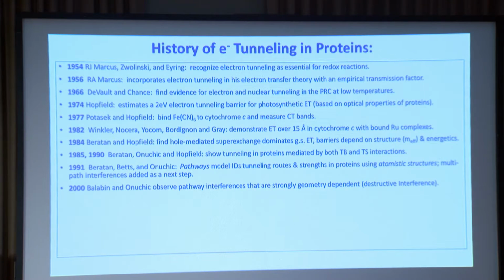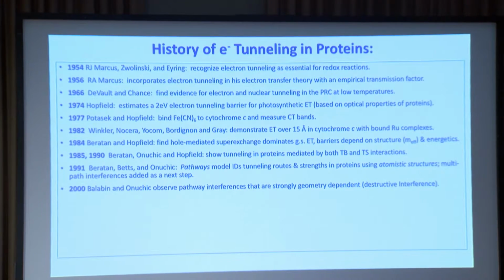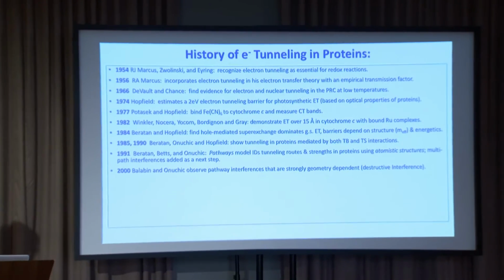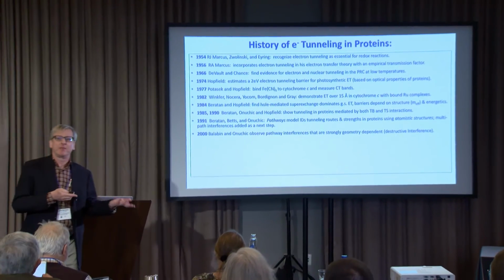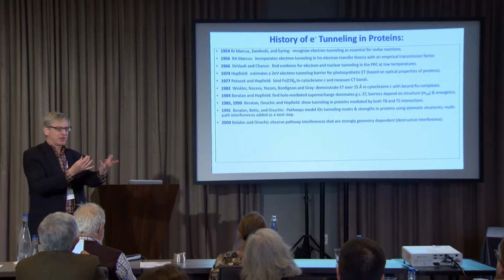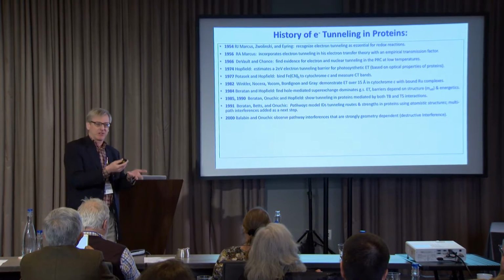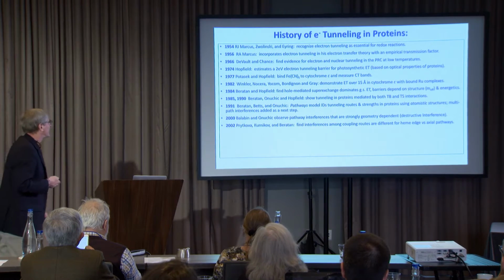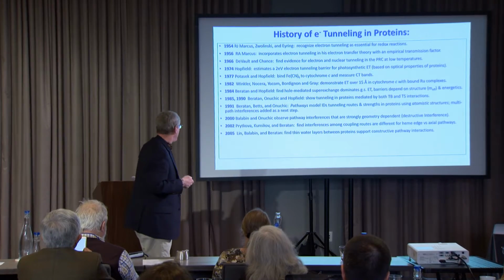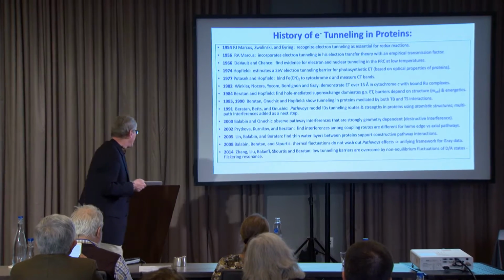When you have many pathways, they can interfere coherently. They can be constructively interfering or destructively interfering. And we heard about how that can have implications when you need to move the electron really fast. You want to be sure that you're in a geometric pose with constructive interference rather than destructive interference if you're in a rush. And we'll talk about more of these detailed issues.